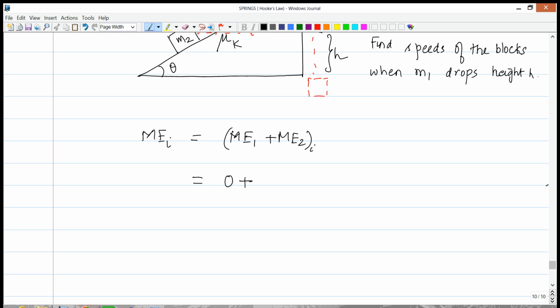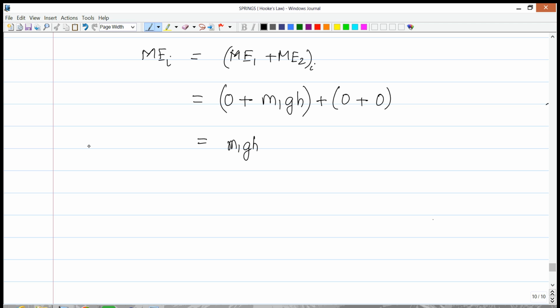In the beginning, M1 is at its highest point, so it definitely has gravitational potential energy, which will simply be M1 g h. So this is all for block 1. On the other hand, block 2 is not moving in the beginning as well, so 0 kinetic. Also, block 2 is at its lowest point, so 0 potential.